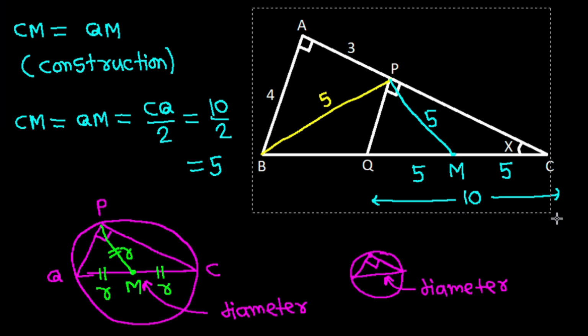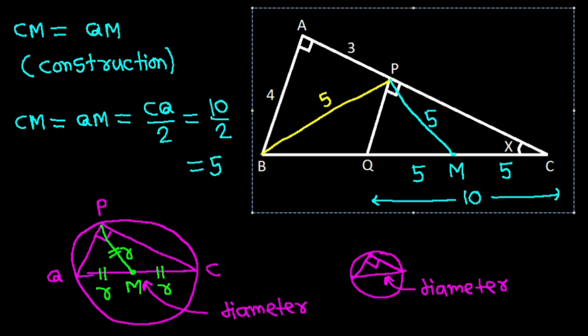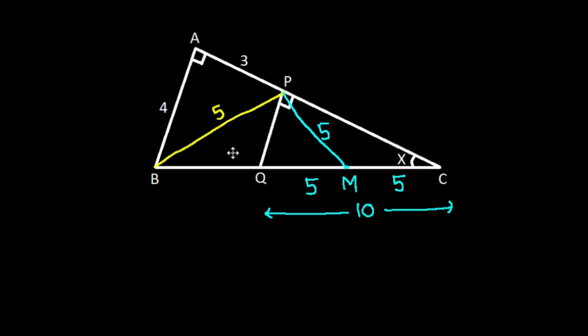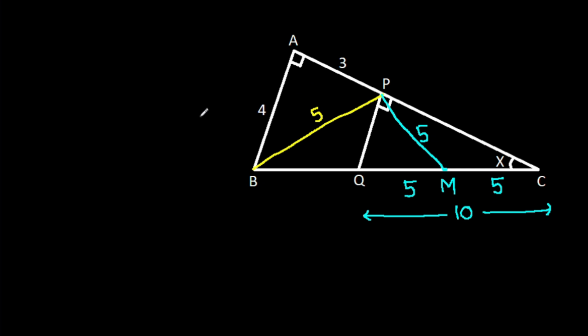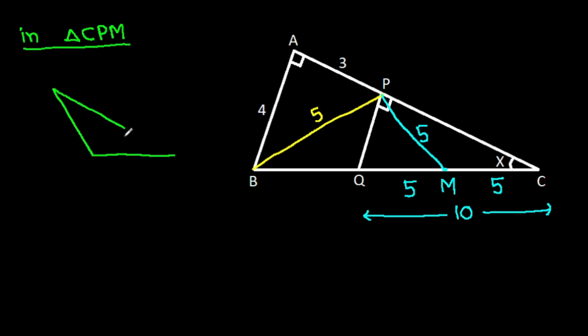Now in triangle CPM, we have CM equal to PM, that is 5.